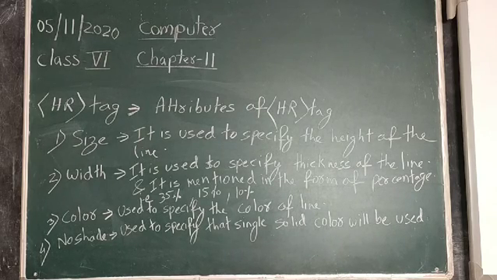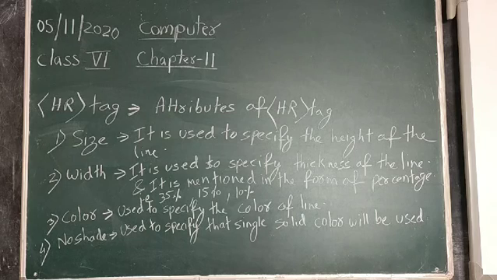Then the third one is the color attribute. By default the web browser uses the default color, that is the black color. But if you want to make it more colorful, you can use the color attribute of the HR tag, and you can specify the color for the line. And the value of the color attribute can be given in two ways.